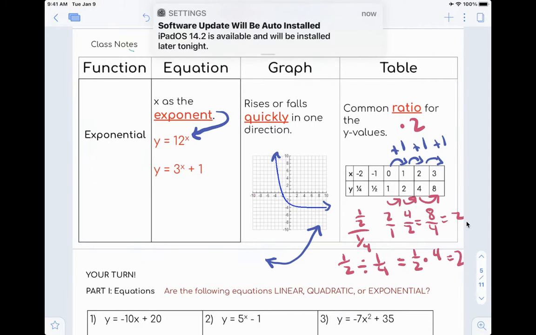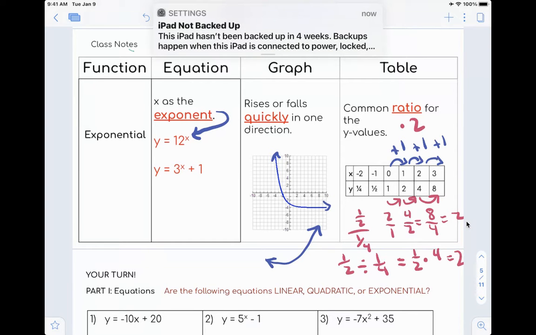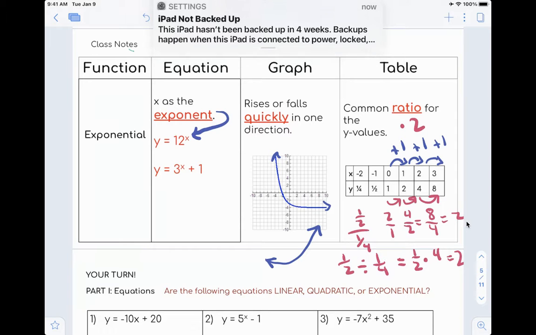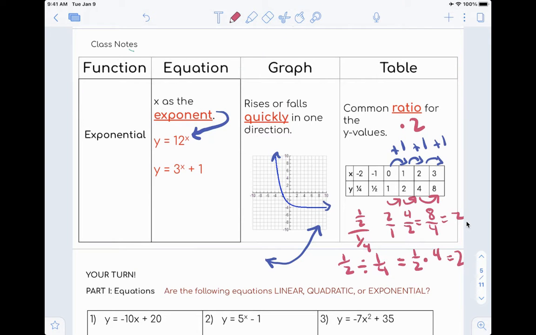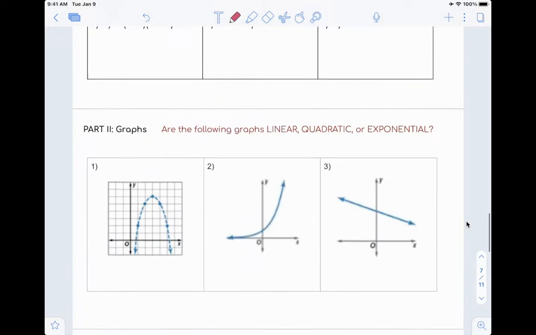And I can get that just by taking the ratio of consecutive y values to find that ratio. So I'm going to have you try the your turn problems. The first part is pretty straightforward. You're just going to identify, when given an equation representation, what type of function it is.